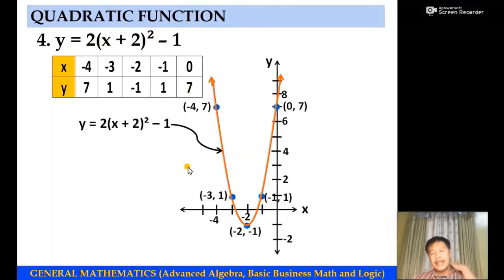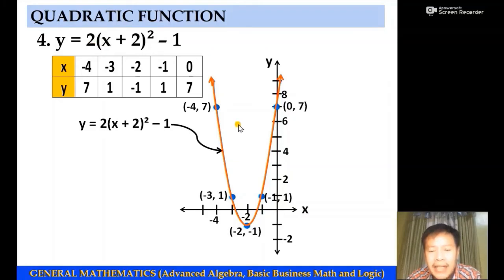And this is it. Take note, as you have observed here, our parabola has a narrower opening, meaning the opening is smaller compared with the 3 previous parabolas, in which the previous parabolas have 1 as the absolute value of the coefficient of x. Here, the absolute value of the coefficient of x is 2.